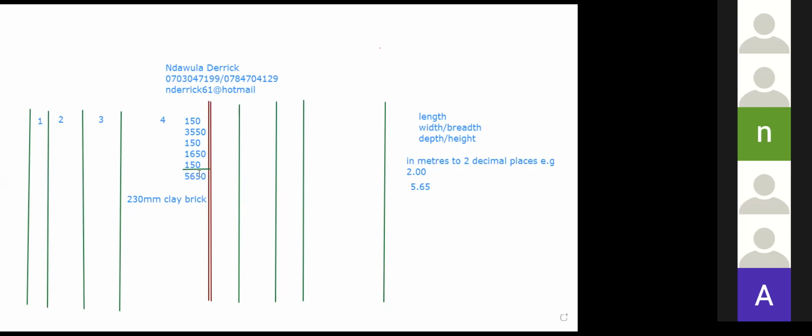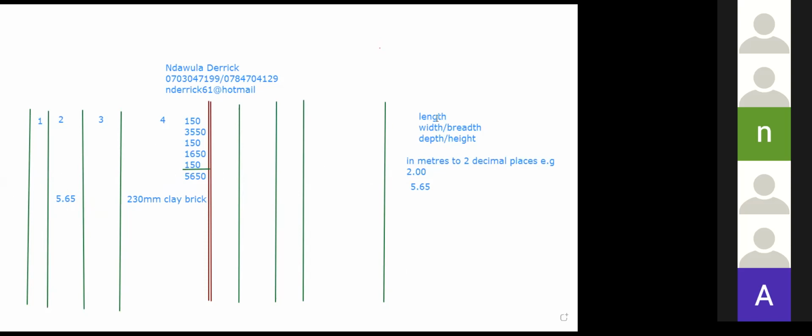So let me just do that. We've calculated our length as 5.65. So this becomes 5.65. After doing my calculation here and getting 5650, here I enter 5.65. That is my length.